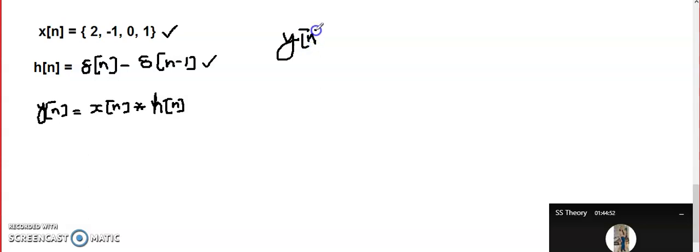Yn will be xn convolution with delta n minus delta n minus 1.